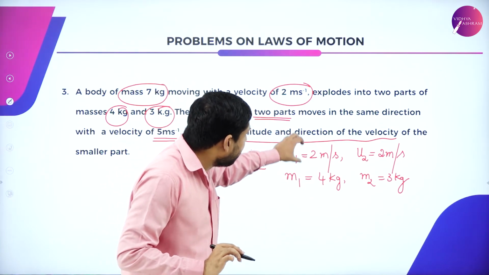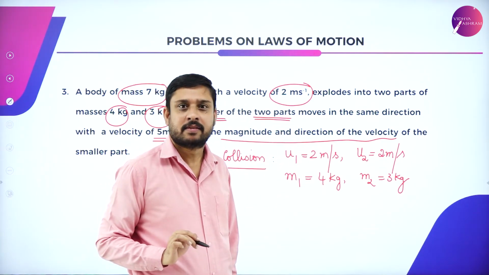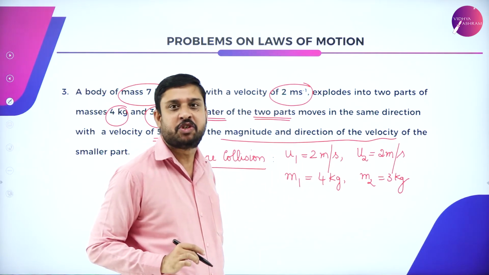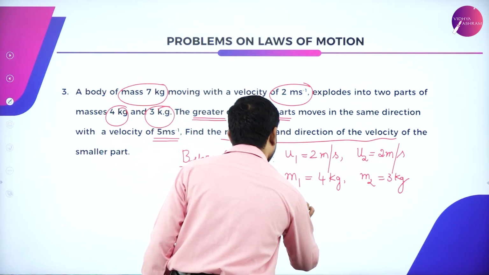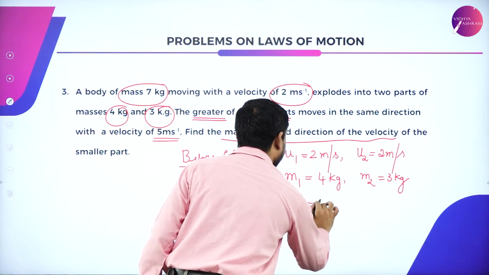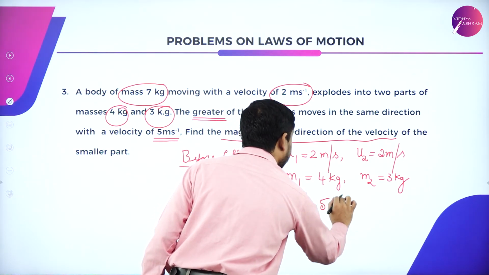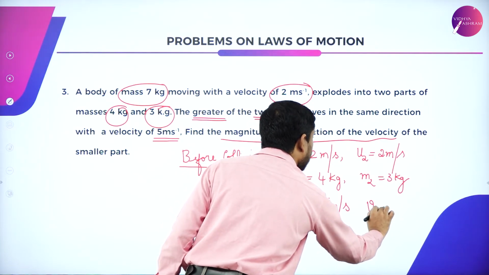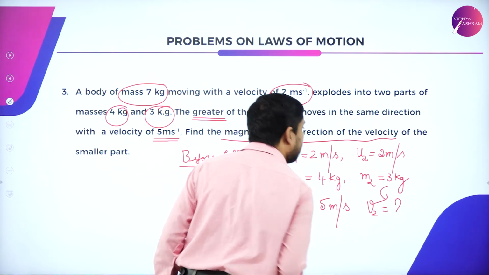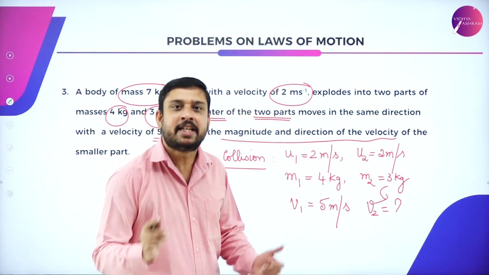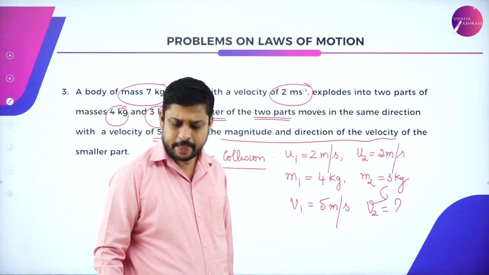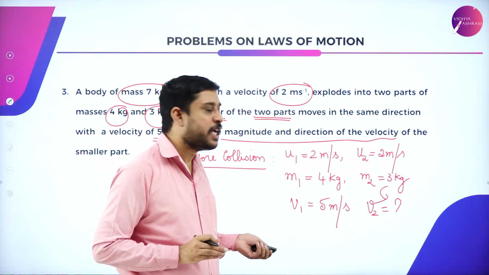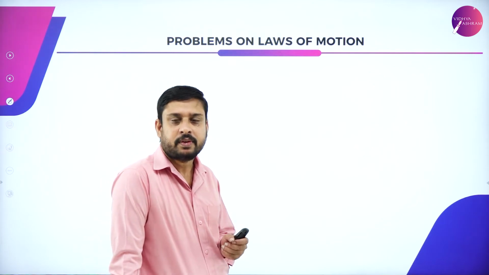Now the body with greater mass after collision moves with a velocity 5 meters per second. I have to find the velocity of the fragment with lower mass. We will go over to the law of conservation of momentum.